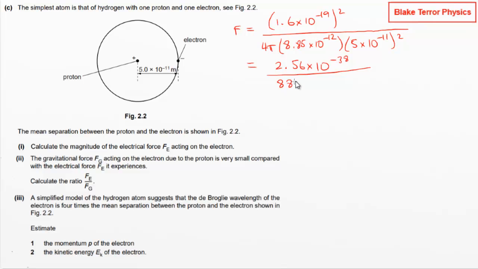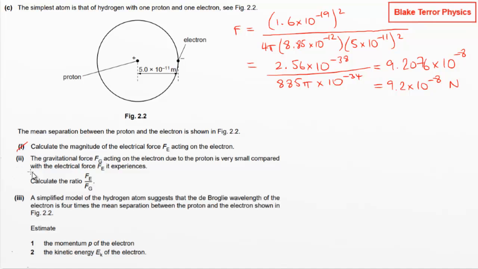So 885 pi times 10 to the minus, how many have we got here? 22 and 12, so 34. So off to the calculator we go. 9.2076 times 10 to the minus 8. So 9.2 times 10 to the minus 8 newtons to two significant figures.